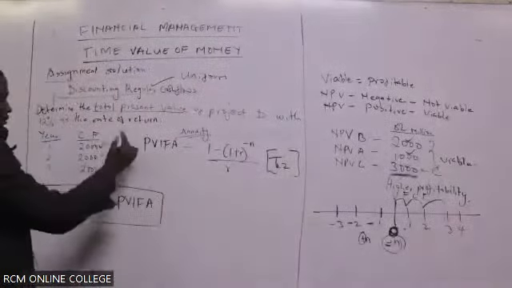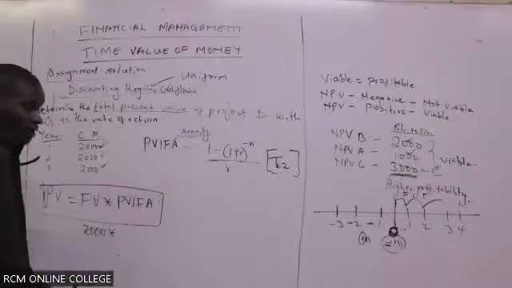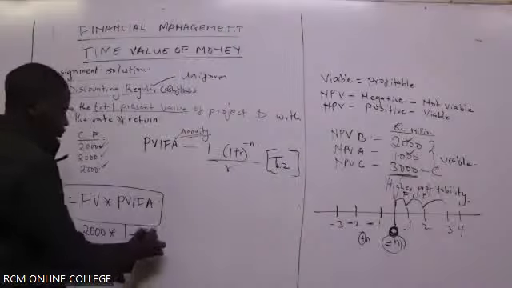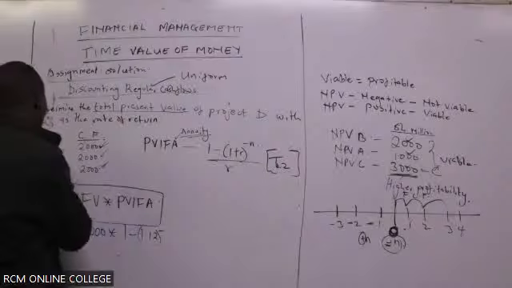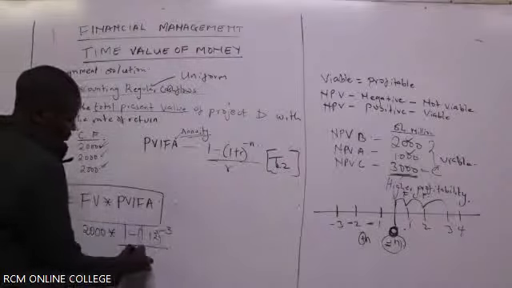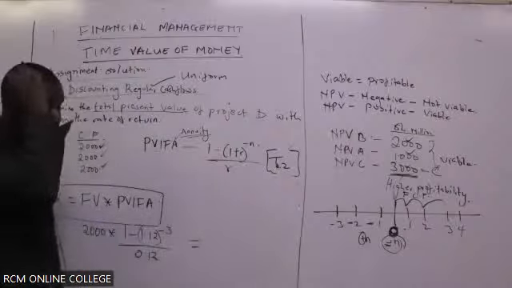See, it is 2000 times PVFA. PVFA will be 1 minus 1.12 raised to negative, now we take all the years, negative 3, then this divided by 0.12. Whatever you get there will be the present value.